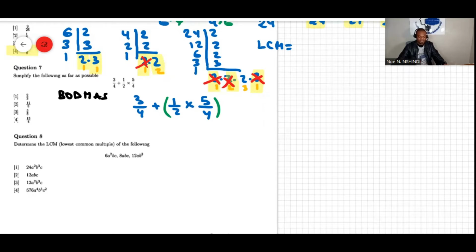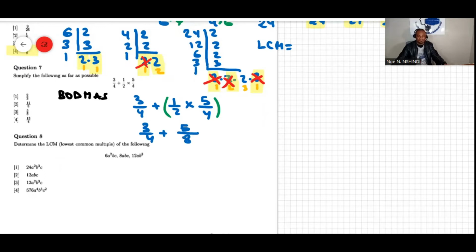Now, over here, it's going to be 3/4, okay, plus a half times 5/2. We can simplify that. We can multiply: 1 times 5 is 5, and then 2 times 4 is 8.